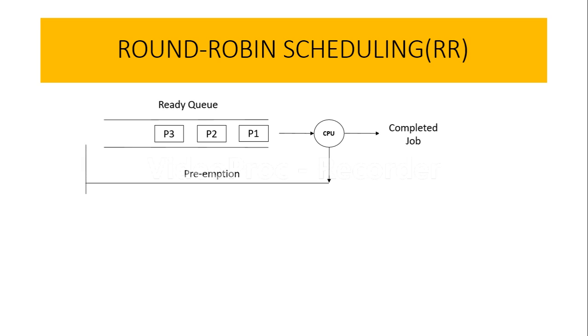P1 enters the ready queue again and waits for its turn to get a time slice so that it can execute again. This continues until all the processes finish their execution. I hope you got the idea about the working of the round robin scheduling algorithm.